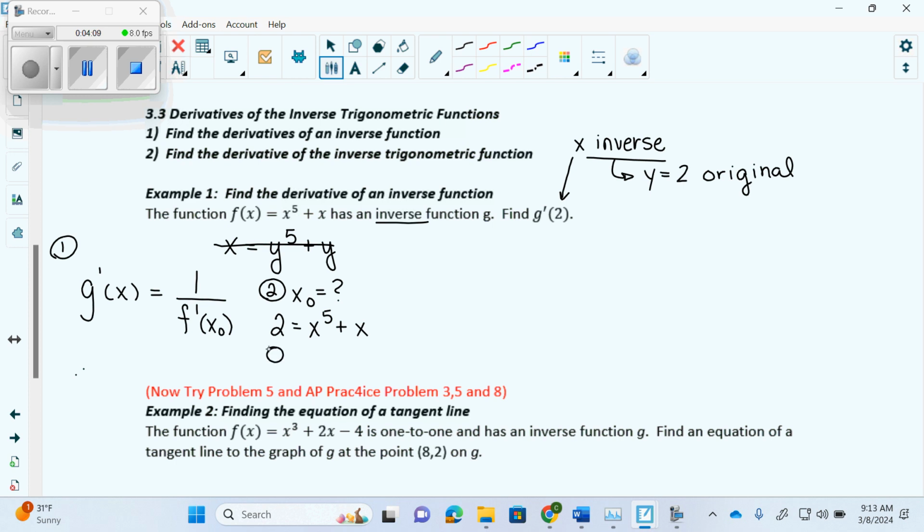Type this into y1. Type this into y2. What does x equal when they intersect?